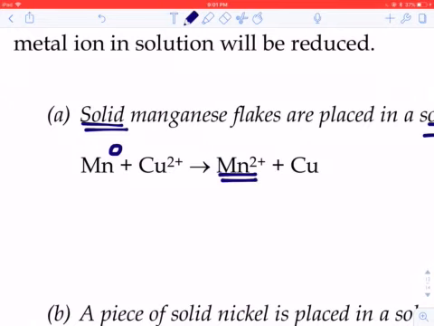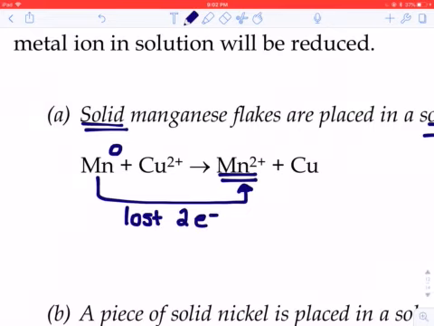The manganese on the right, part of manganese sulfate, that's a cation, and in this case happens to have a charge of positive 2. Well, if it used to be neutral, and then over the course of the reaction, it suddenly developed a charge of plus 2, that would mean that it would have to have lost 2 electrons during the course of the reaction. When a substance loses electrons, we call that being oxidized.